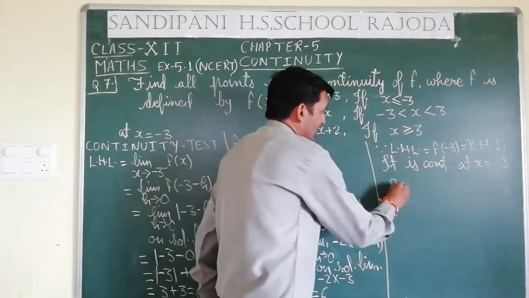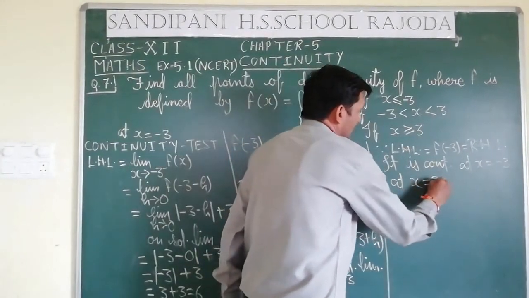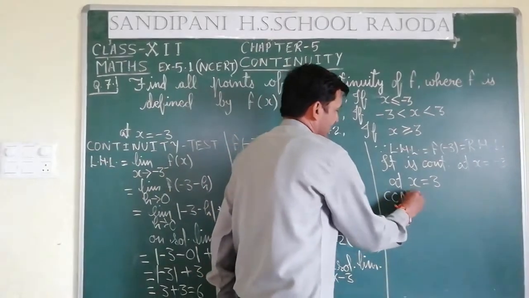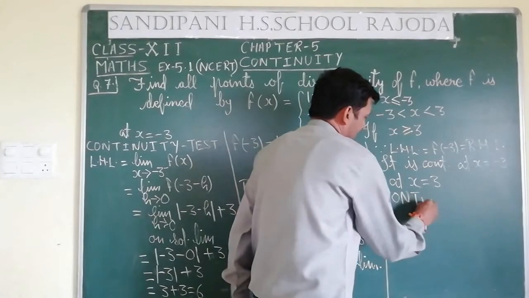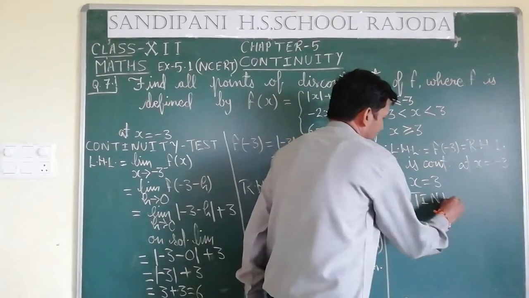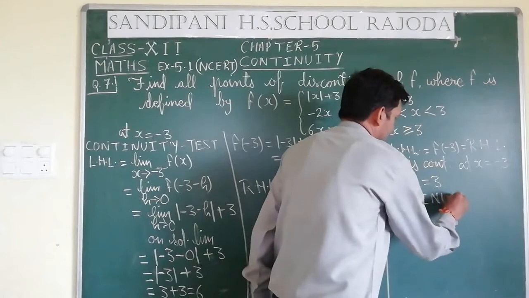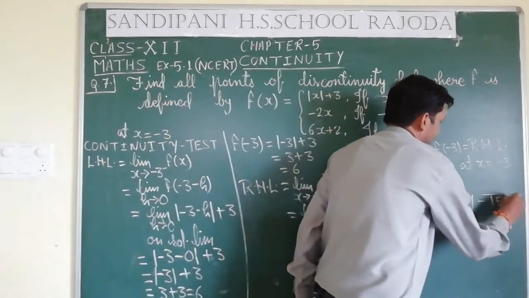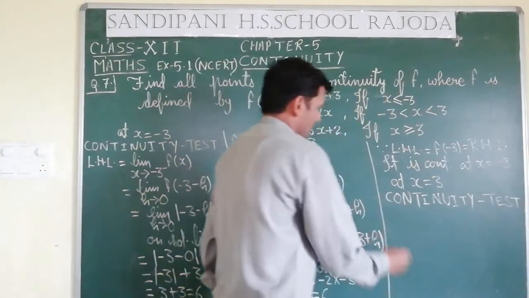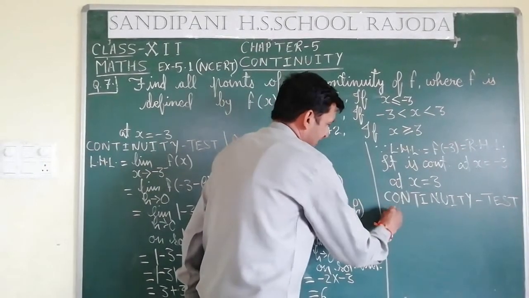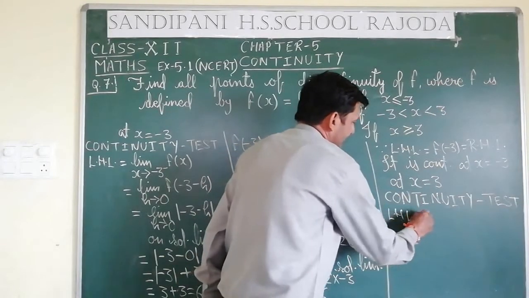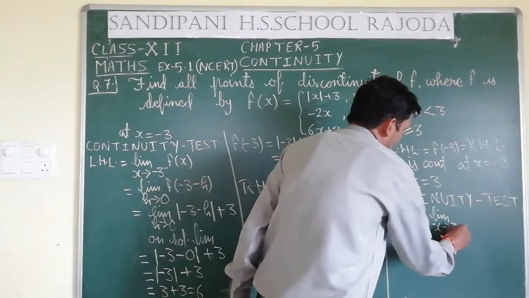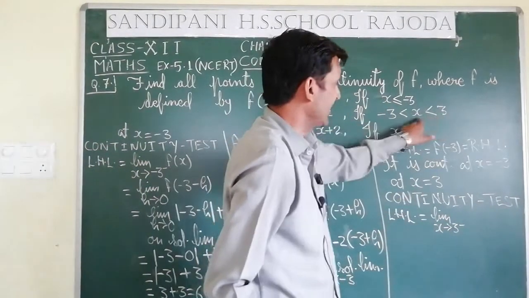So, at x is equal to 3, we have to again apply the continuity test. At x is equal to 3, continuity test, LHL: limit x tends to 3 minus, meaning less than 3, x is less than 3 here.